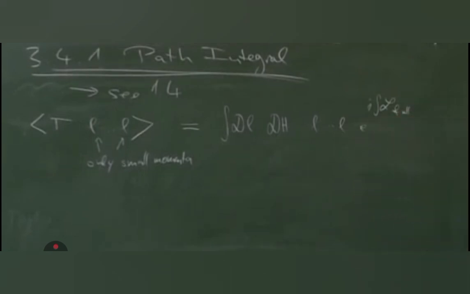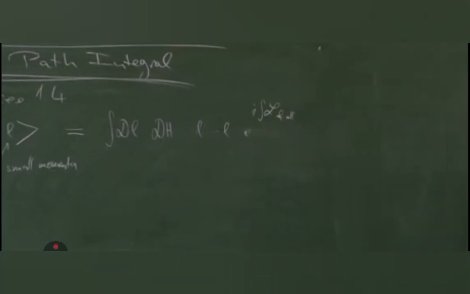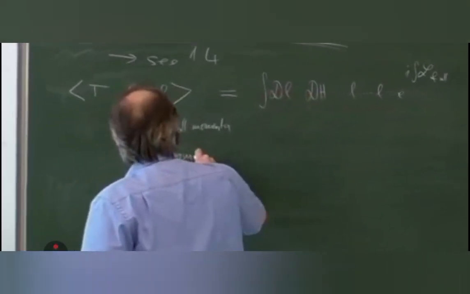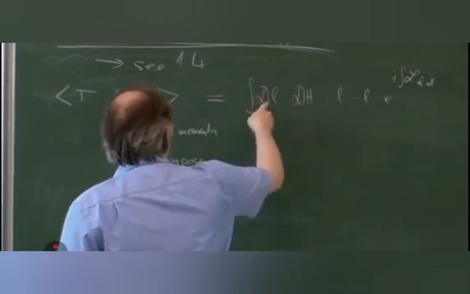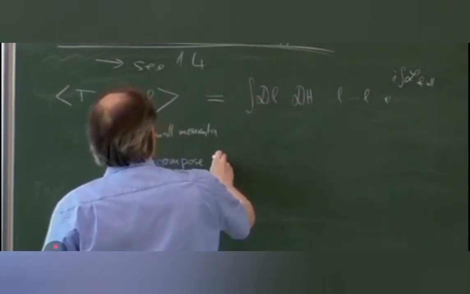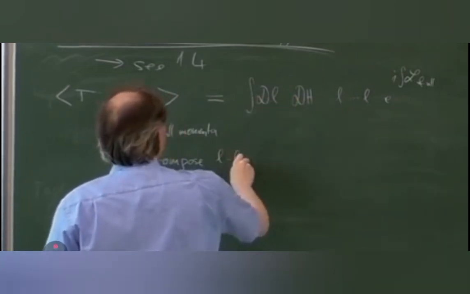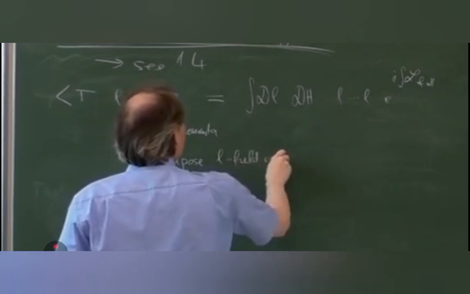Now we do something which we didn't do in the classical limit. We decompose our field configurations of the light fields as follows.